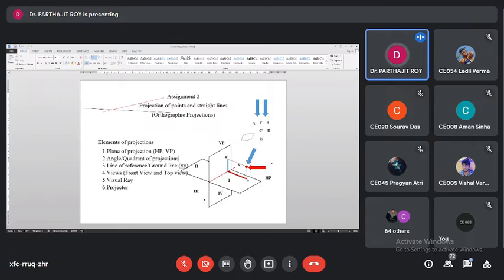The visual ray will not be meeting the plane of projection perpendicularly, either in case of top view or as well as in case of front view. Okay.